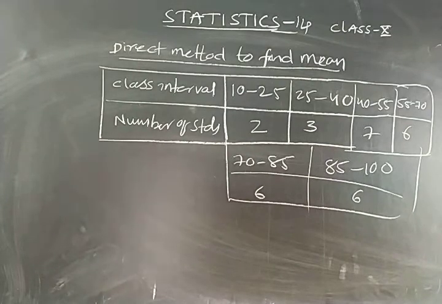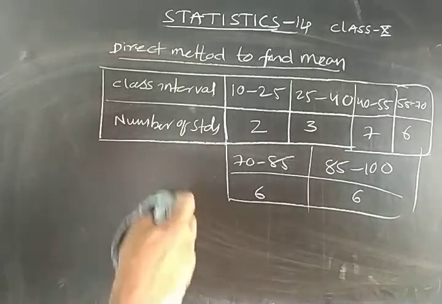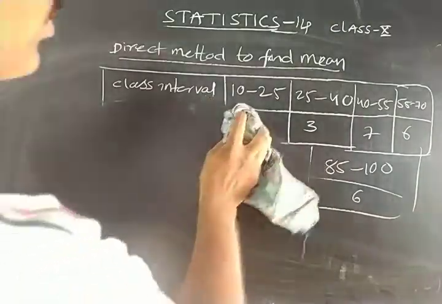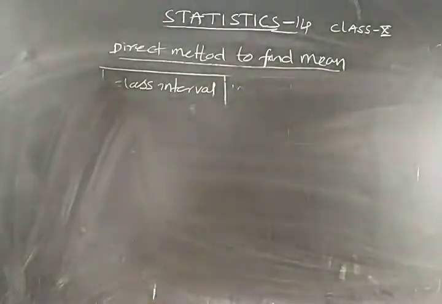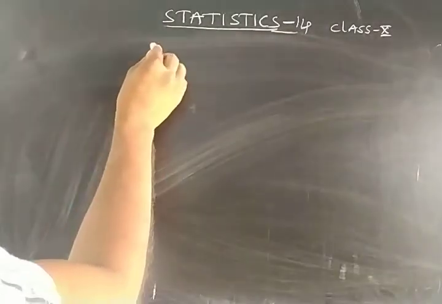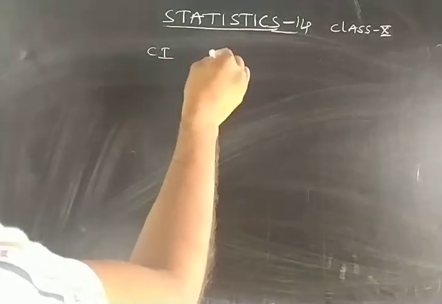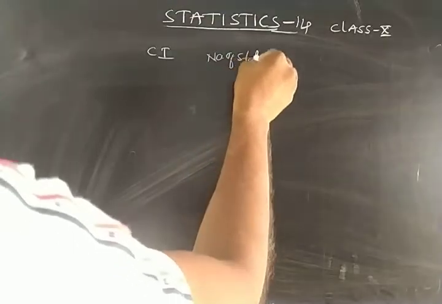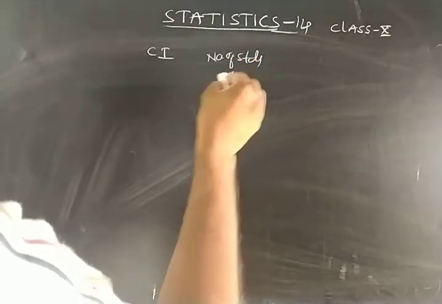So I am going to find the mean of this given problem using the direct method. In the answer I will write the table in this form. This is the class interval, and the number of students I am denoting by frequency fi.